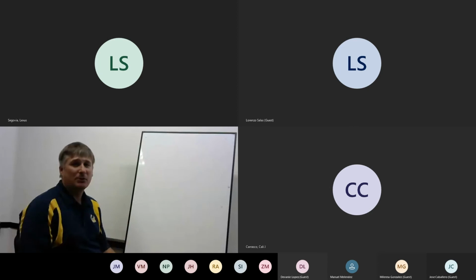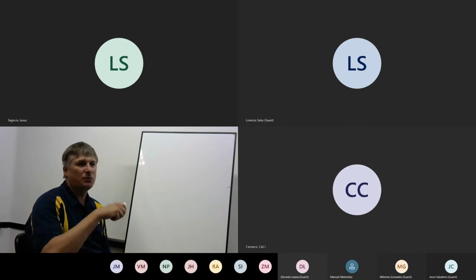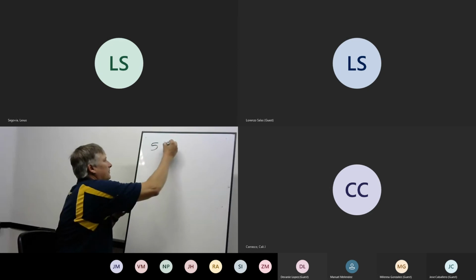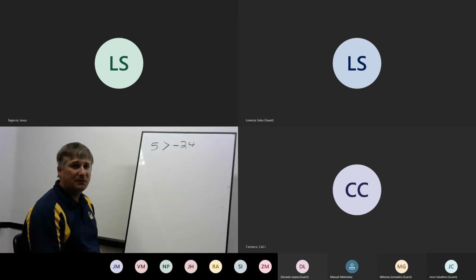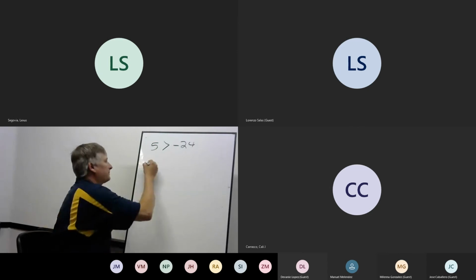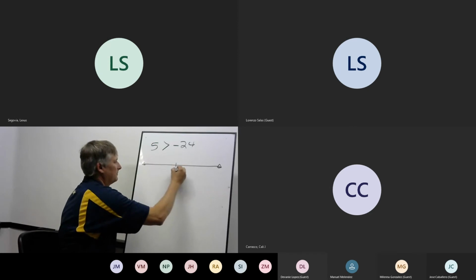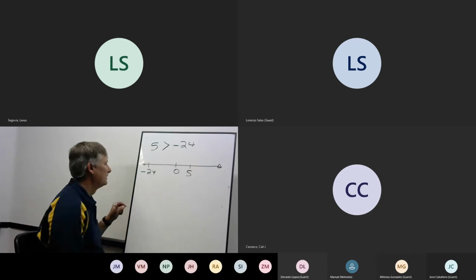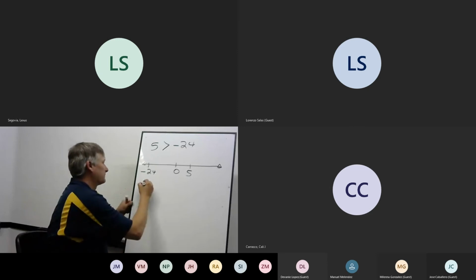So now we talk about absolute value. Basically, what an inequality says is which number is to the right on the number line. So if we say this, what this is saying is, if we draw the number line, 5 will be to the right of negative 24.